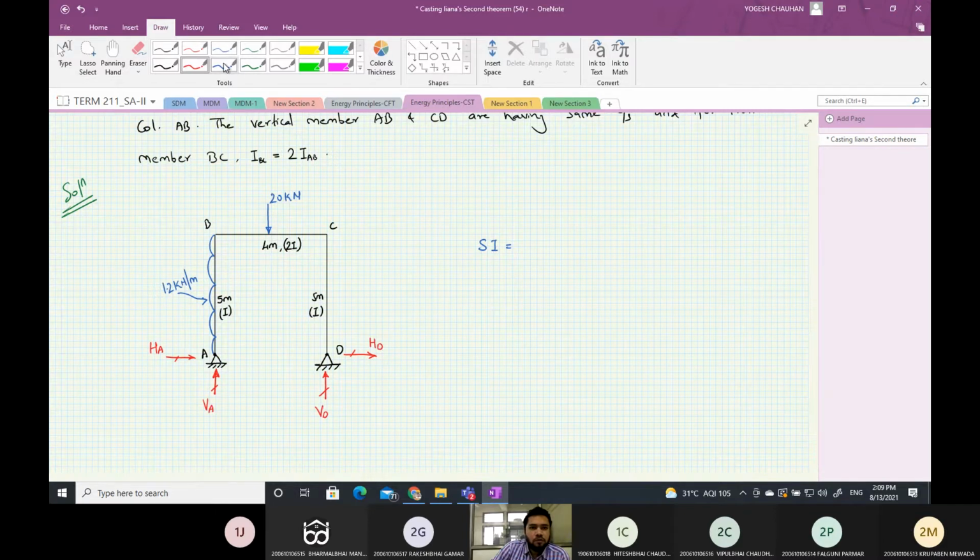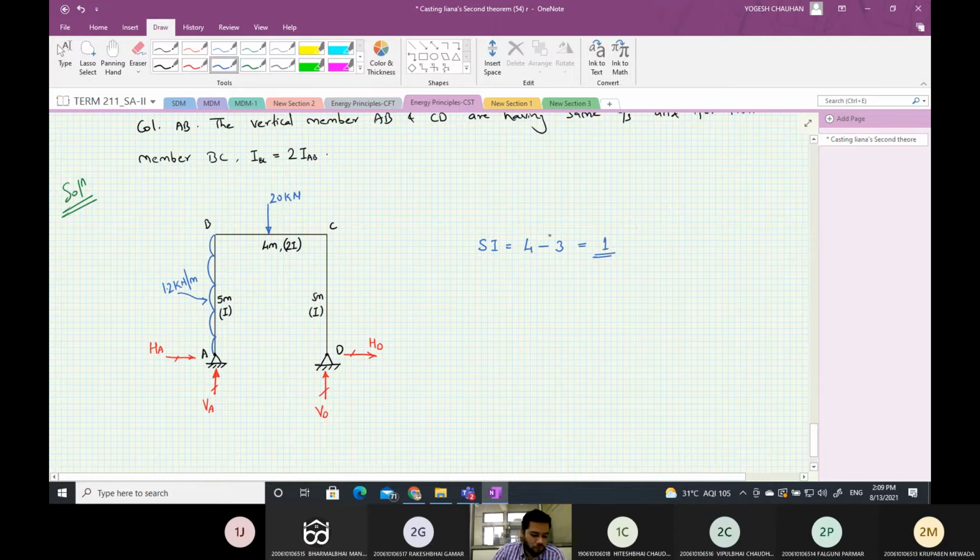So we have 4 unknowns and the available equilibrium conditions are 3. So SI is 1. So we have one extra member, one redundant present in the frame.